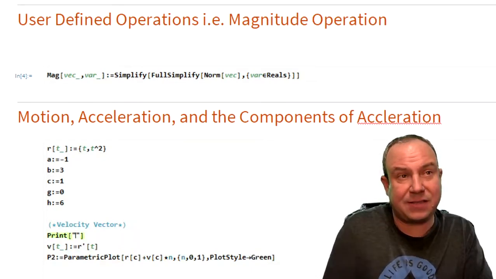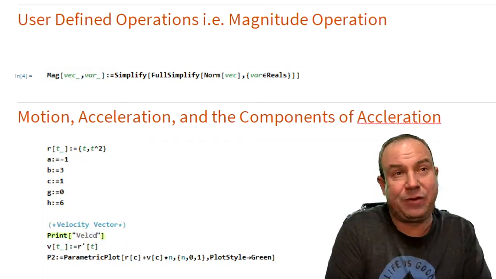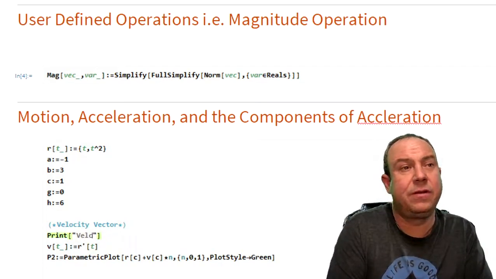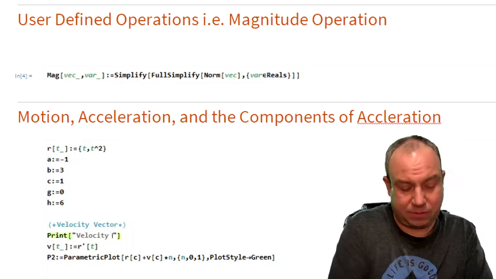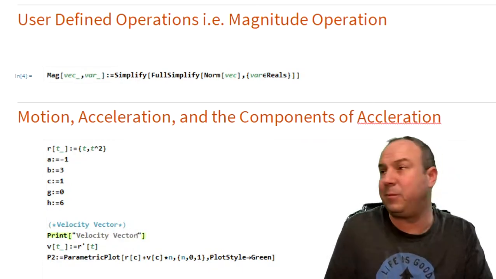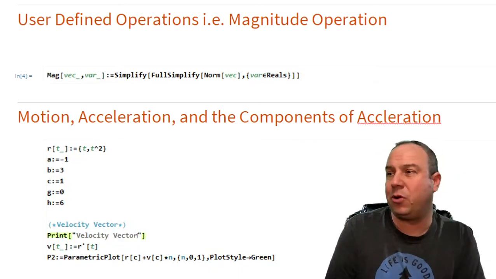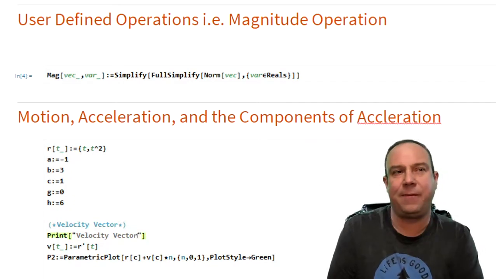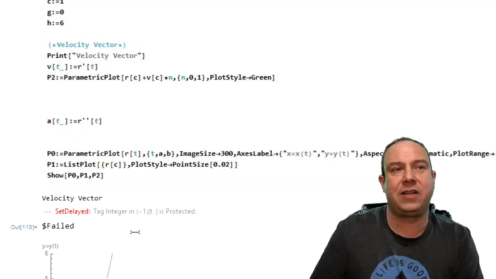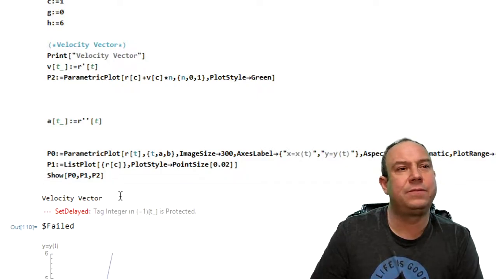Let's make that text. If we don't make that text, folks, it could possibly read any value as a variable and give us the variable output for that variable. And what we notice now, it does tell us the velocity vector. What did we do there? I ran into an error somewhere.